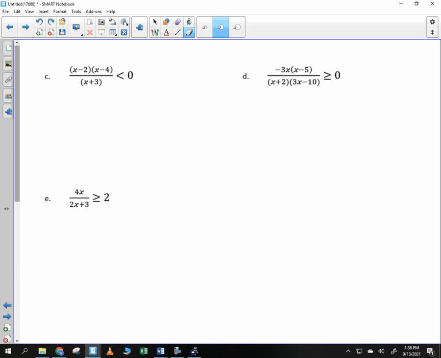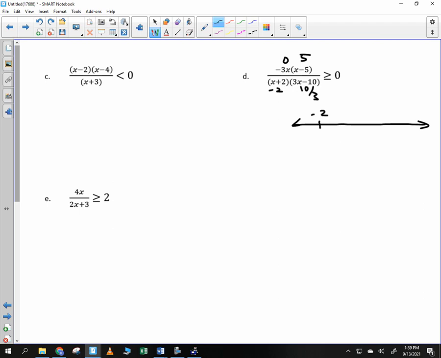Here we go. You tell me what numbers would give us 0. 5. 10 over 3. And 0. Good. I plot 4 numbers, so how many columns? 5.